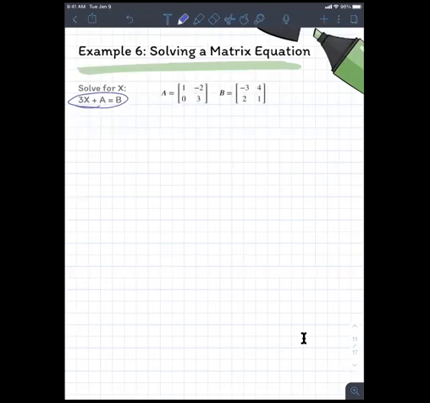Anybody have an idea of what they feel like we should do? No?